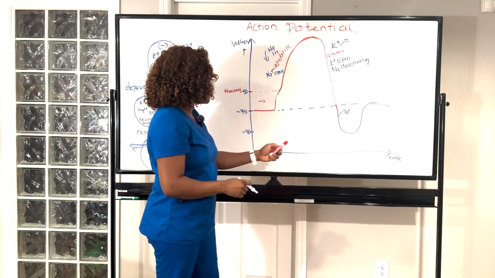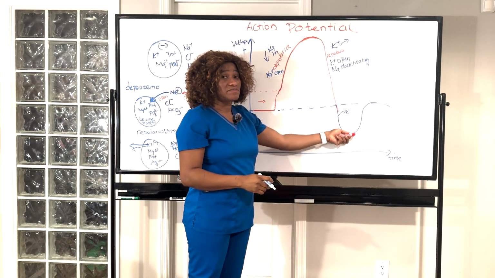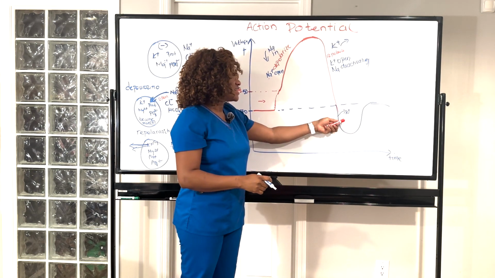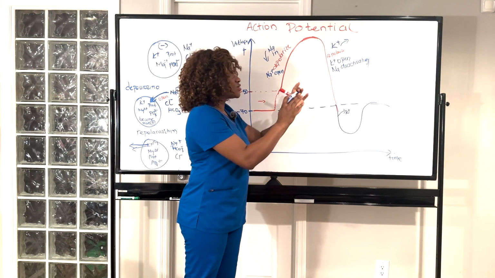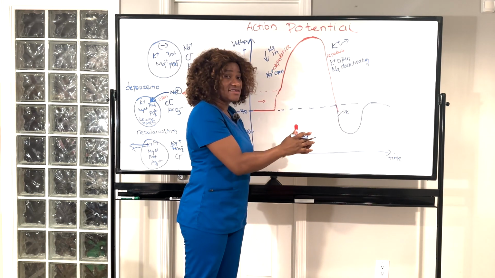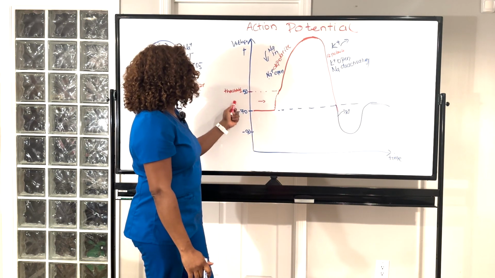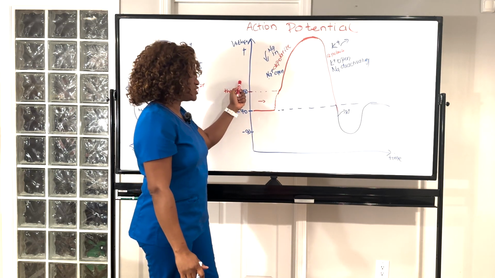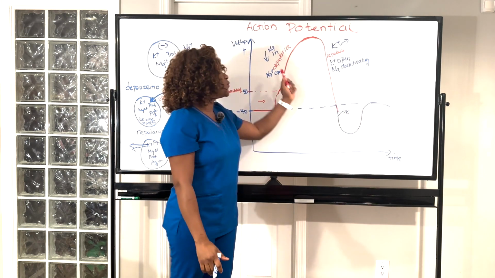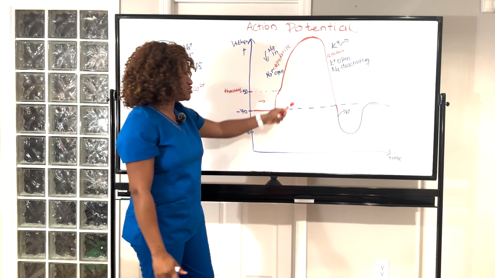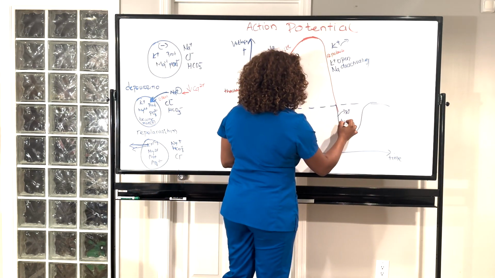This is our relative refractory period right here. So right here, the sodium channels are already deactivated. So if we give a stimulus that reaches the threshold while the membrane is hyperpolarized, we can have an action potential.